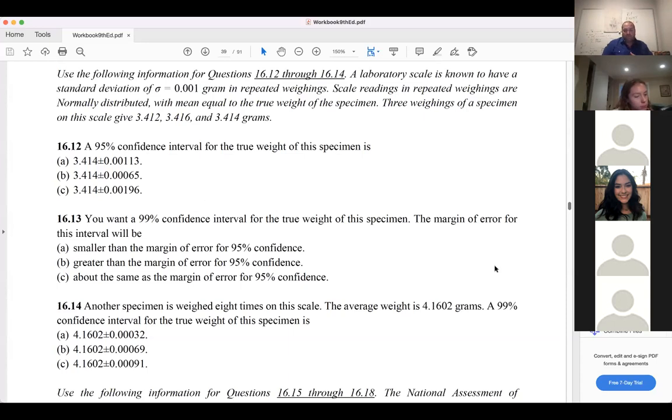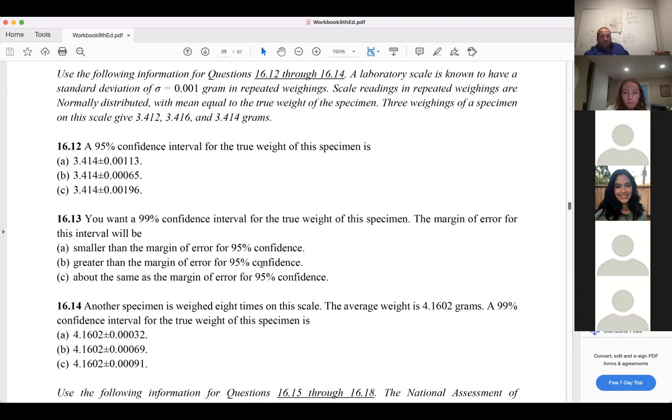How about number 13? You want a 99% confidence interval. You don't have to do any math for this one, because the question is, how is that going to compare to your 95% confidence interval? Will it be smaller, greater, or about the same? So don't answer it yet. I'm going to do one of my famous world-renowned quick go votes and have everyone say what they believe the answer is, or at least those people who are actually looking.